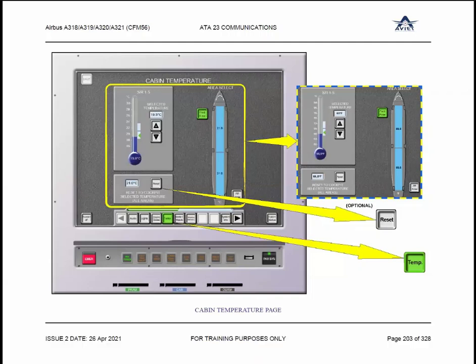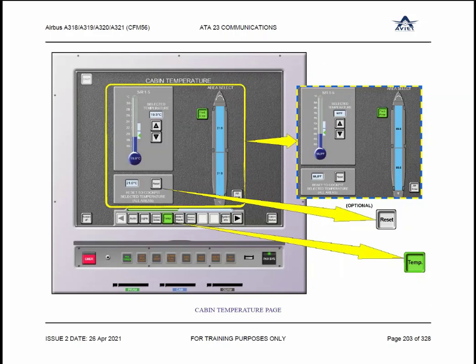Whatever the cockpit has set the temperature to, cabin crew can adjust that temperature by plus minus 2.5 degrees. They can increase by 2.5 or reduce by 2.5 based on the passenger request. Clear?